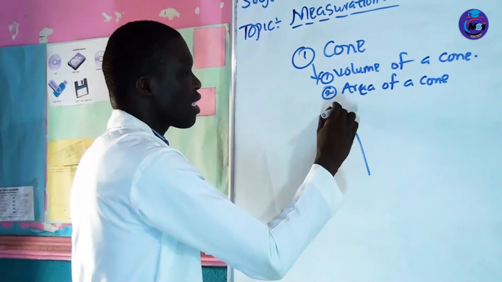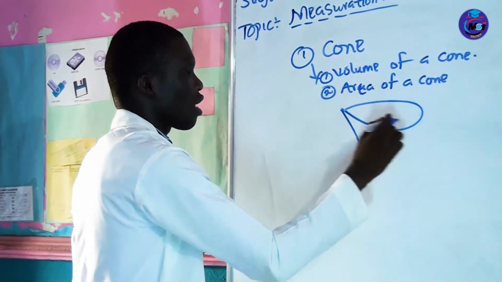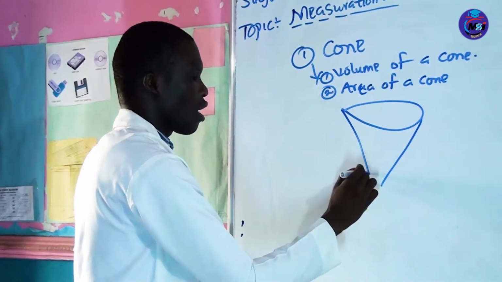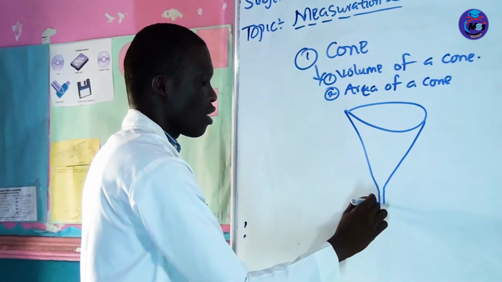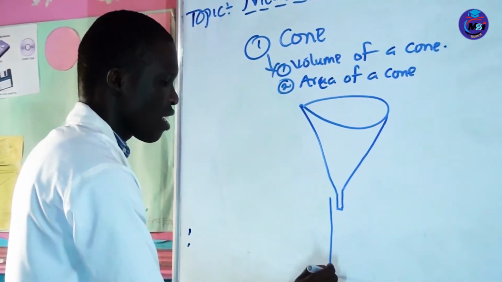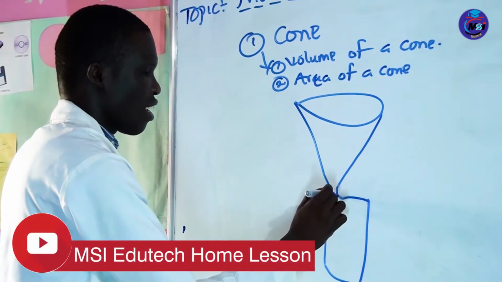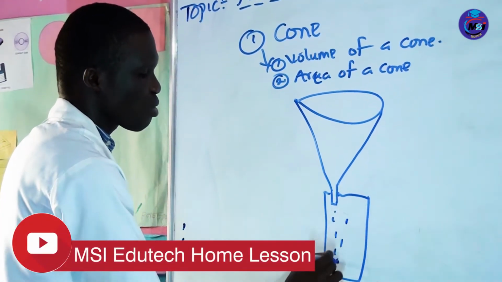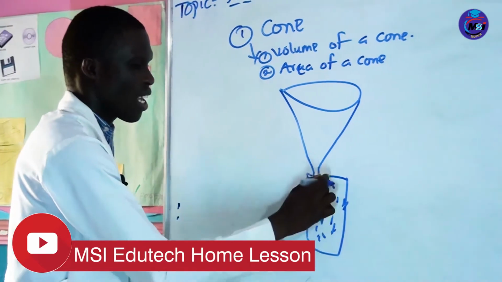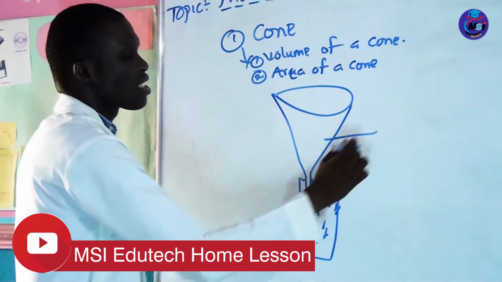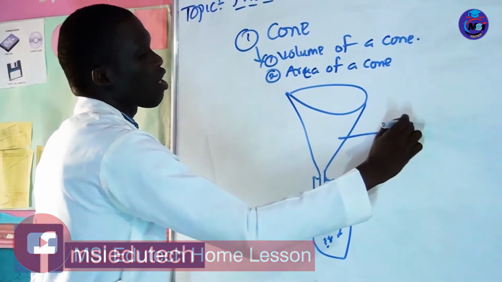You have something like this, and you have a bottle. This is a cone.